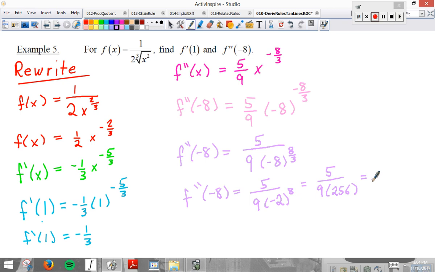And 256 times 9 is 2,304. And again, we just did that to show how you would simplify it if you had to. Any of these steps are just as good as the other, as long as you've gotten rid of all the variables.